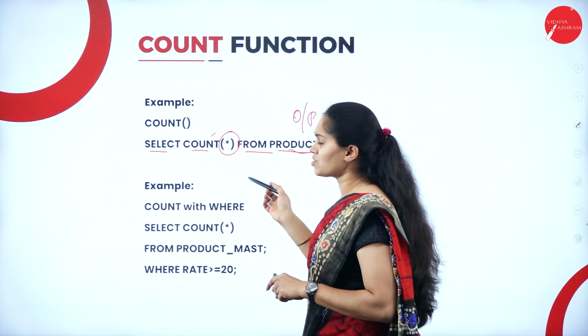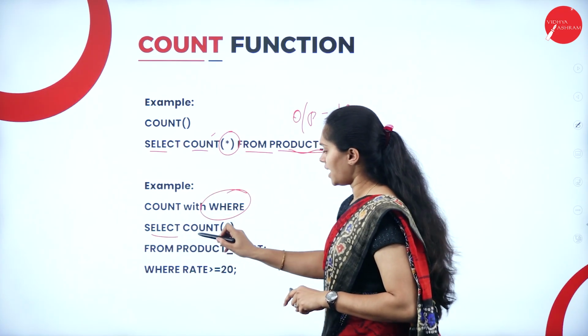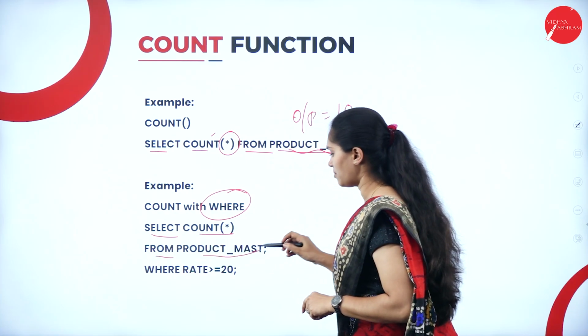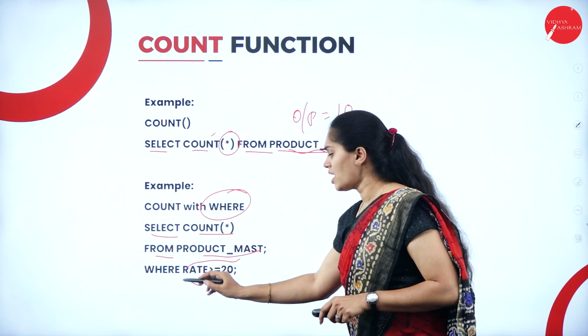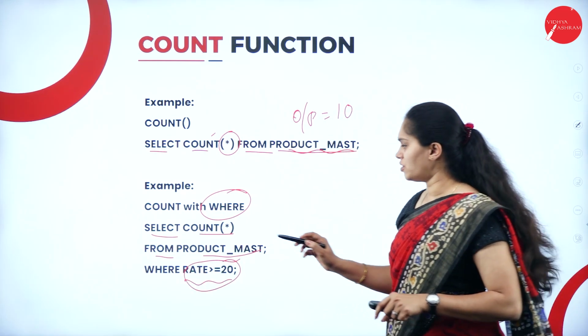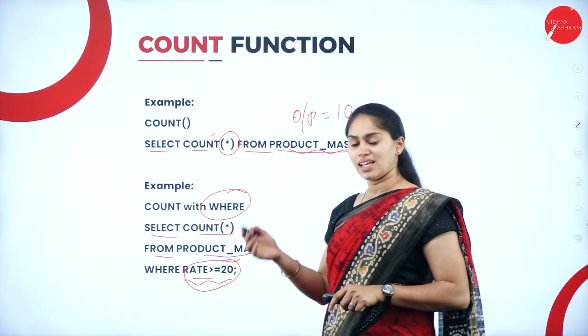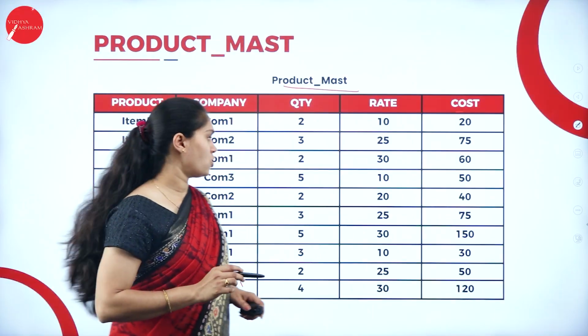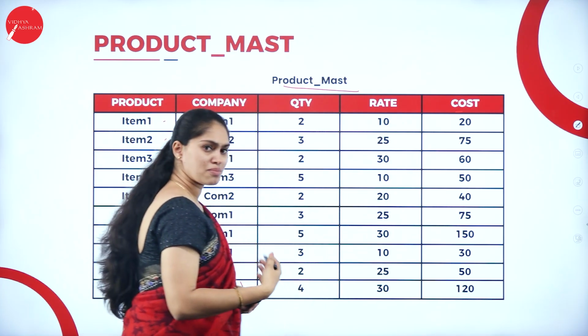Next, can we use this count with a where predicate or where clause? Yes. Select count star from product master where rate is greater than or equal to 20. So I'm counting the number of rows where the rate is greater than or equal to 20. So here you can see the example. For rate we have 10, 25, and so on. What was my condition?